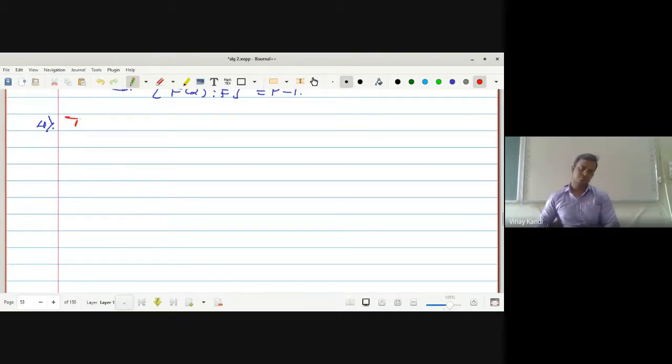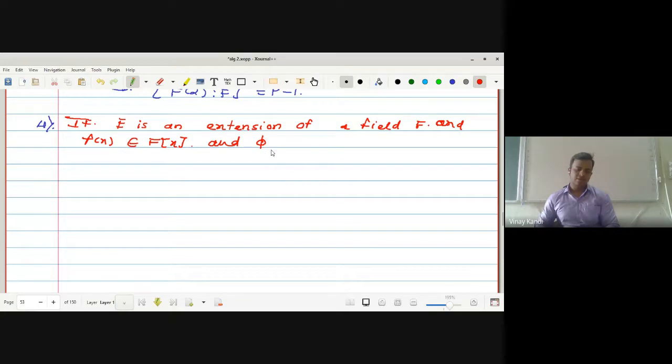If E is an extension of a field F, capital F, and small f of x is an element belonging to capital F of x, and phi is an automorphism. What is the meaning of automorphism?